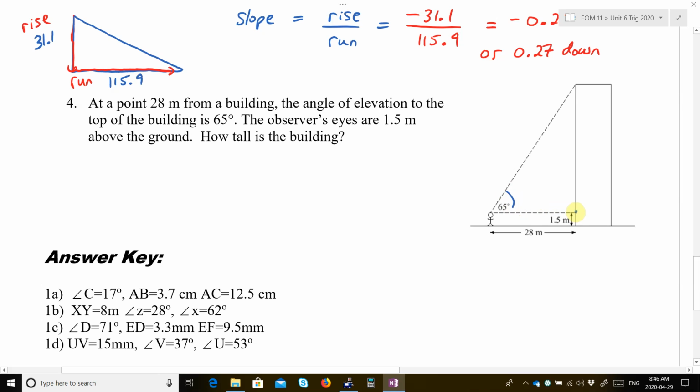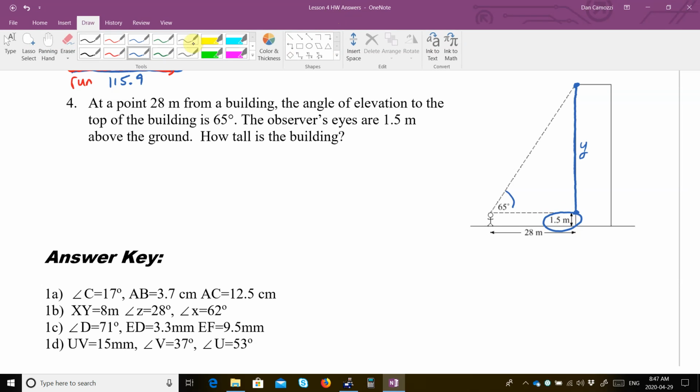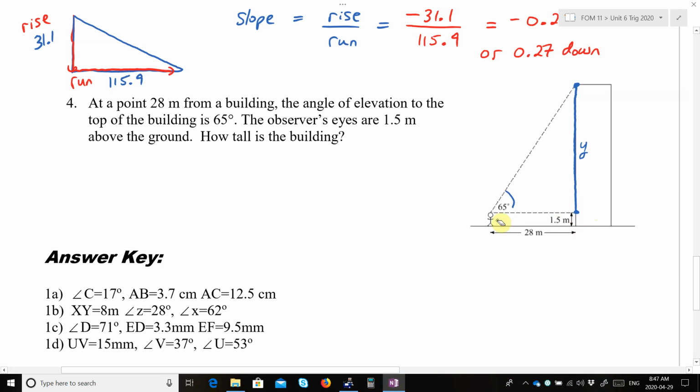So what we have to do, guys, is we have to figure out this length from the person's eyes up to the top of the building. Let's call that y. And then at the very end, we're going to have to add on this 1.5 meters. Okay, because we're just getting the length from the person's eyes to the top, and that's not all the way down to the ground. So we have to add on the 1.5.